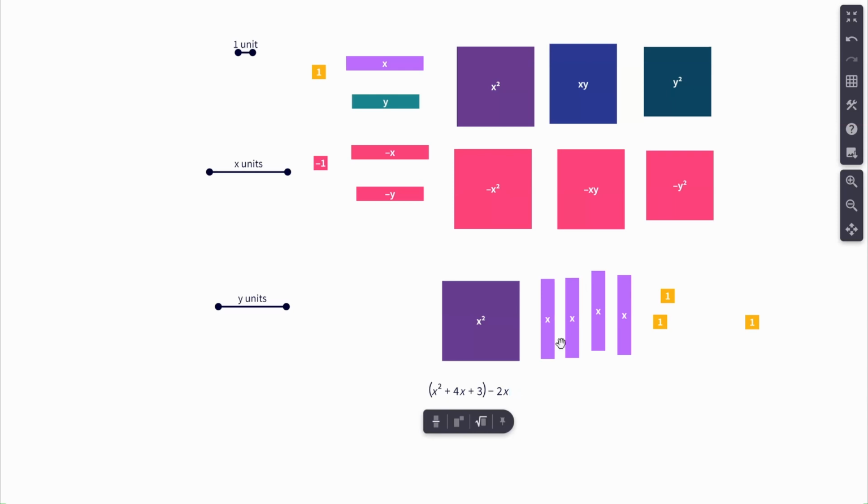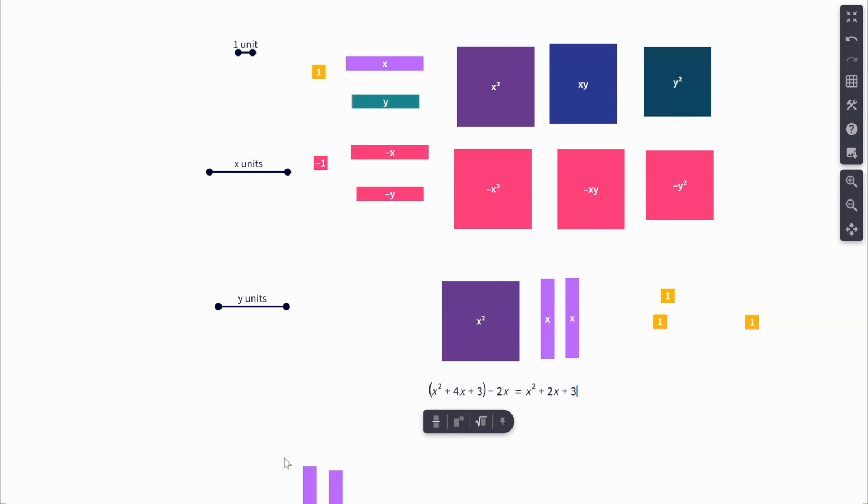So if I want to subtract 2x, I'm going to set up my x squared plus 4x plus 3, and I'm going to just take 2 of the x's and take them away. So now what I have left is an x squared plus 2x plus 3 right in this group. So I can think of subtraction just as taking away.